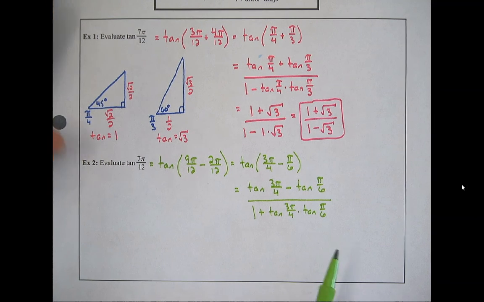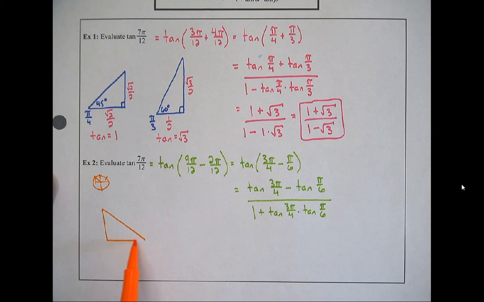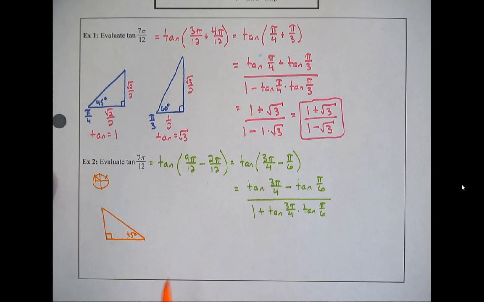Now I have to figure out what those triangles look like. So I'm going to sketch a 3 pi over 4 triangle. So that's 1, 2, 3 pi over 4. So my triangle is going to look like this. Right angle, reference angles of 45 degrees. And this was my 3 pi over 4 triangle.